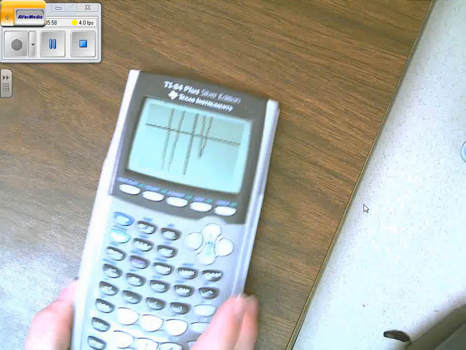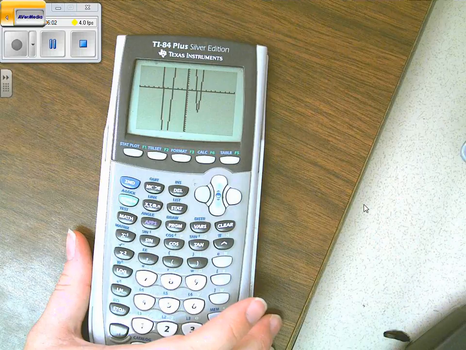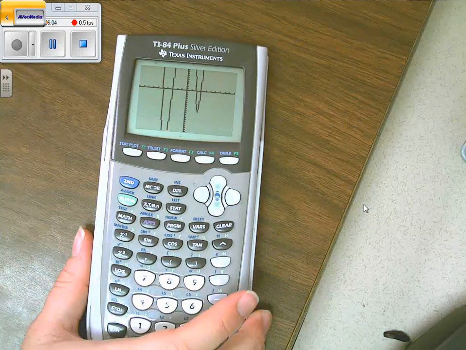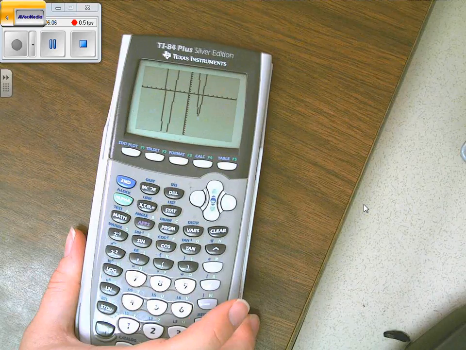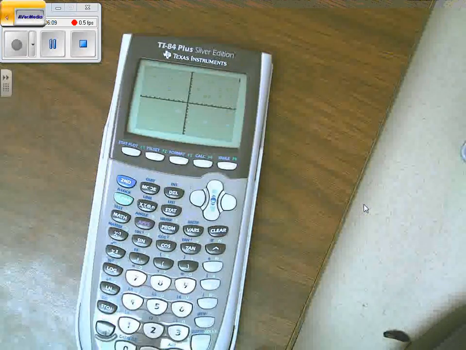Okay, if I look at the graph, is it complete? And I'm not even in a standard viewing window, right? If I were in a standard window, it would really not be complete. Everyone agree? I can't quite see it all.